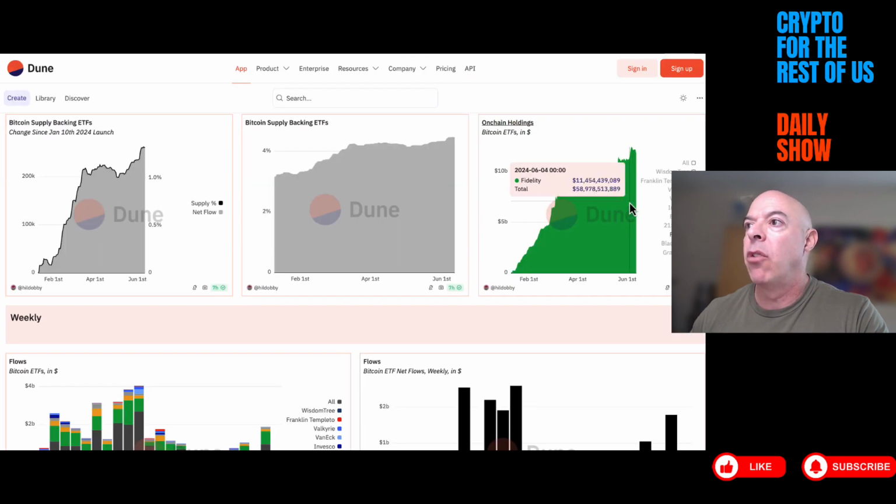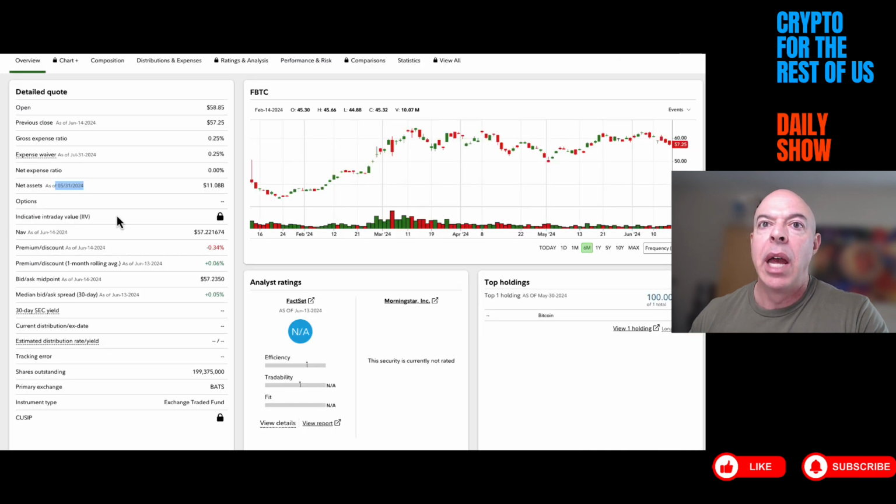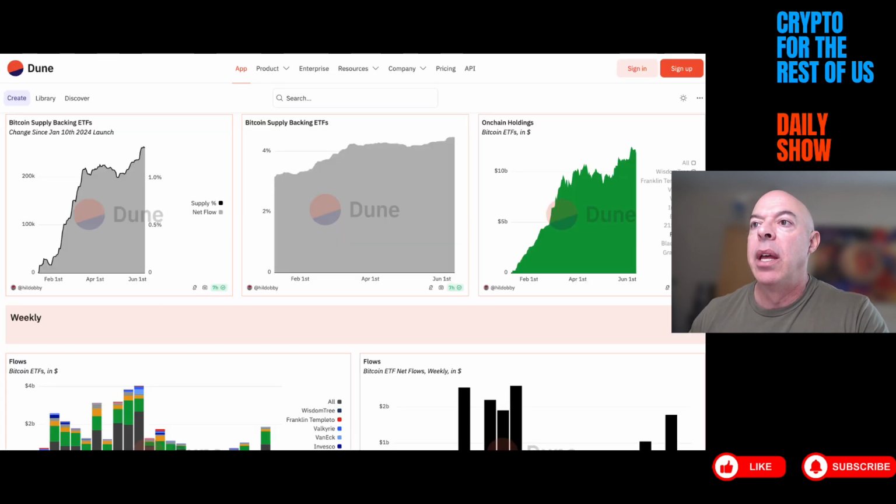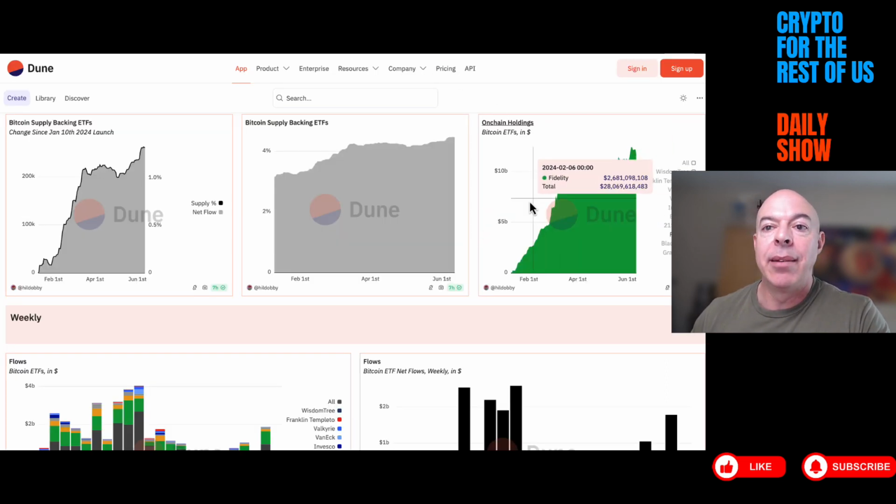Going back here, as of June 11th they had even more inflows and they're at almost 12 billion. So 5/31, let's see how close they were. This tool is showing that Fidelity's got 11.1 billion as of 5/31, and their site shows 11.08 billion as of 5/31. So there you go. At least with that data point, it's accurate.